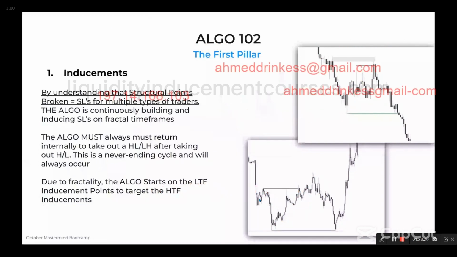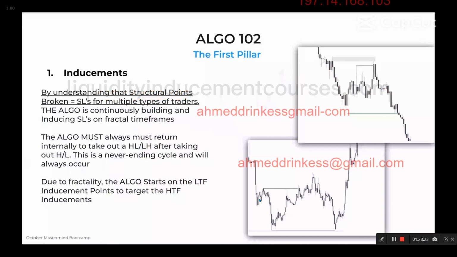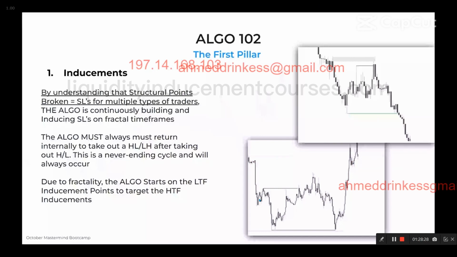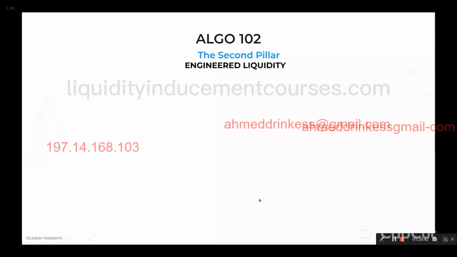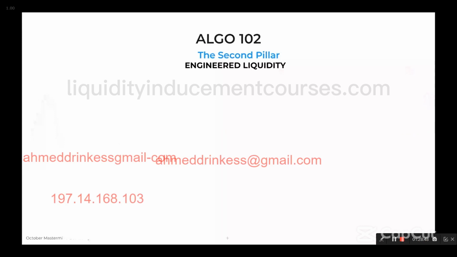The second pillar that I have discovered myself, when it comes to a specific point that we refer to as the transactional point of the algorithm, is called engineered liquidity, abbreviated ENG LQD.